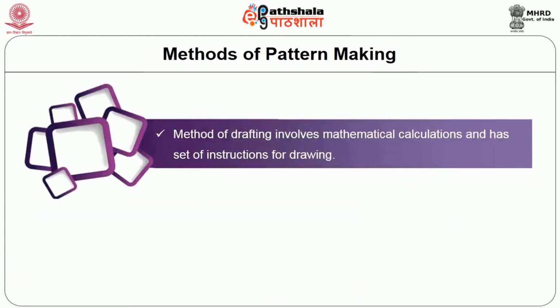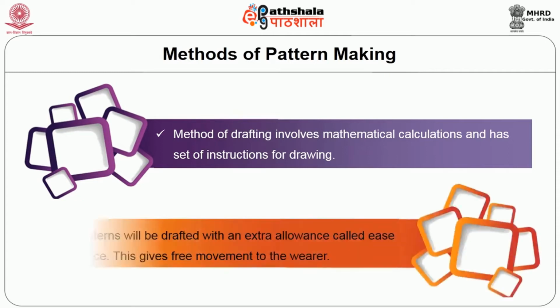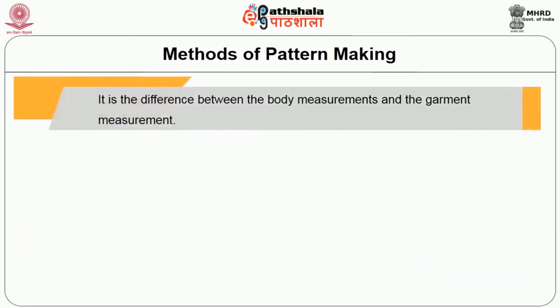All these patterns of drafting involve mathematical calculation and have a set of instructions for drawing. The patterns will be drafted with an extra allowance called ease allowance. This gives free movement to the wearer. What is ease allowance?